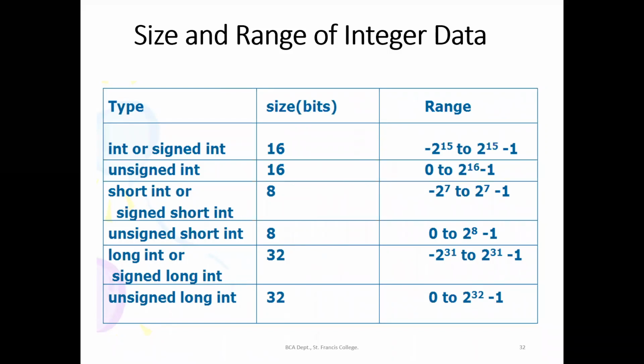If I am declaring a variable of data type integer, it will reserve 16 bits, which is equal to 2 bytes. So if it is an int or a signed int, it will reserve 16 bits.